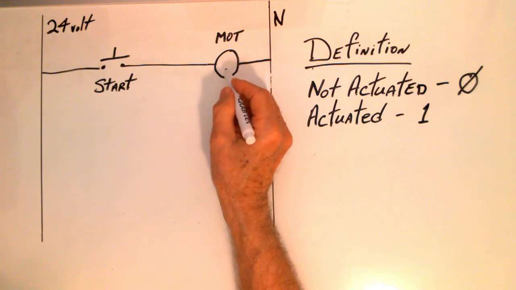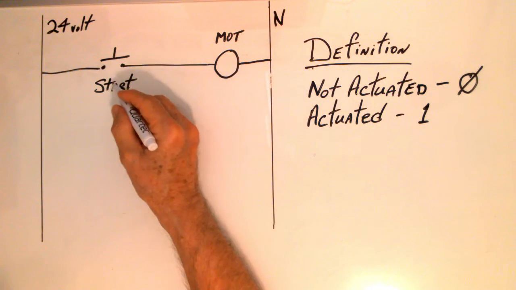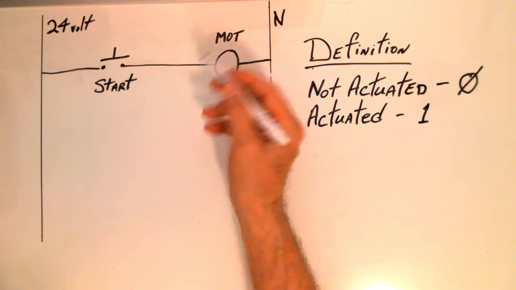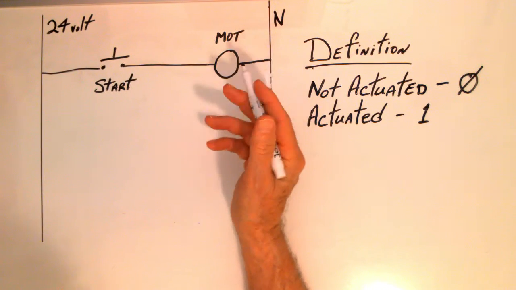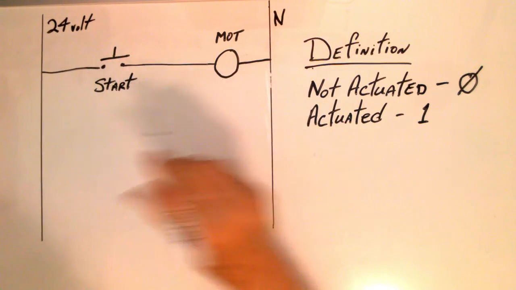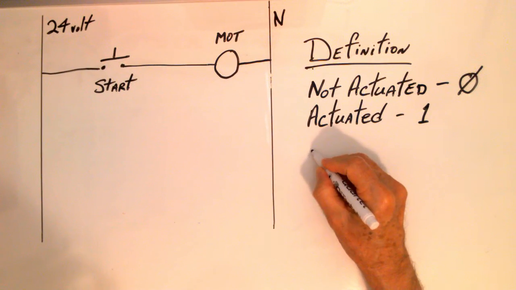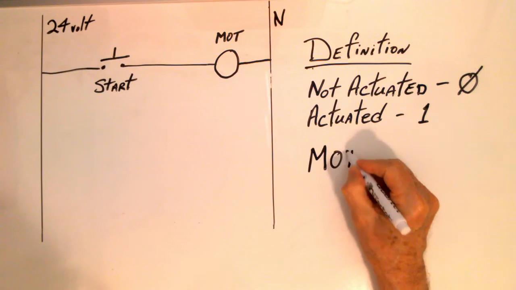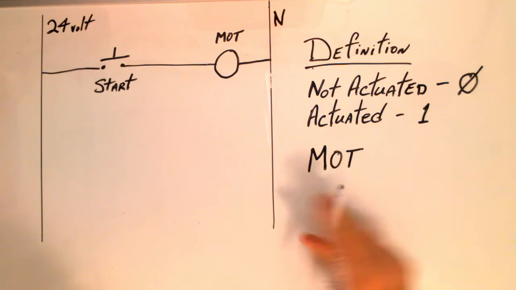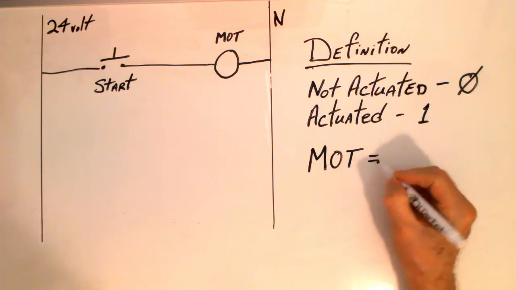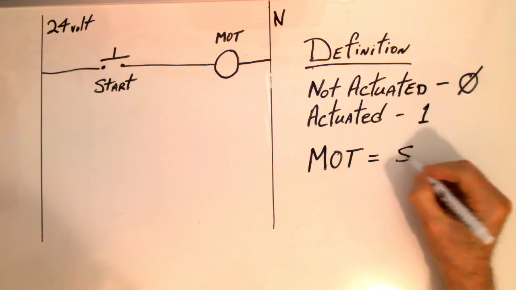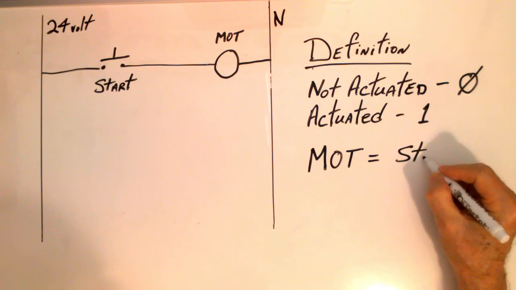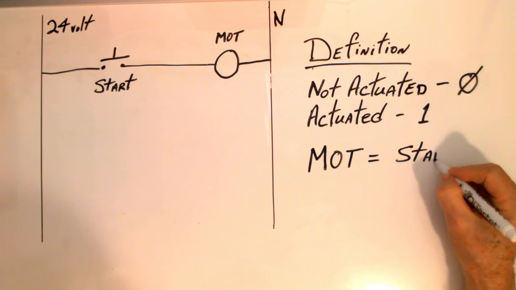Now then, MOT is the output, start is the input. So the Boolean equation, and it is an equation, is such that the output, MOT, will be actuated when start is actuated.